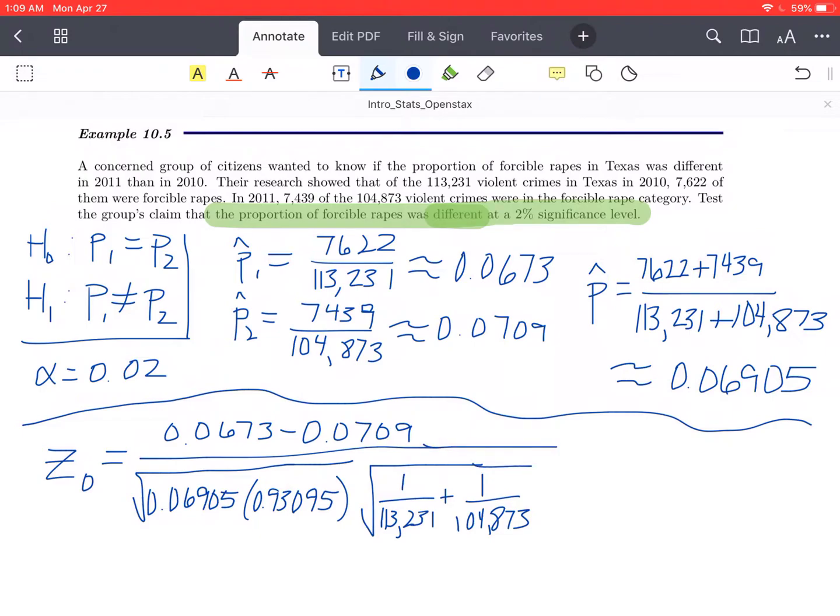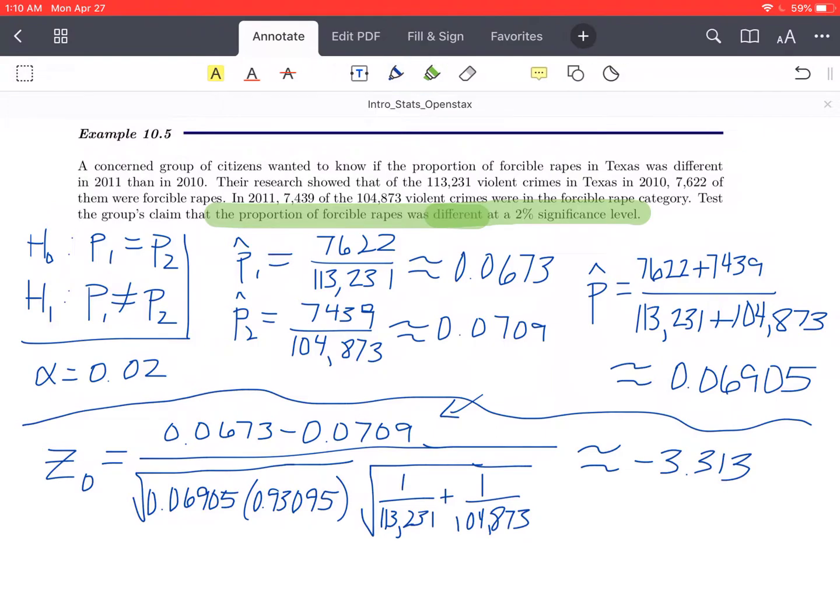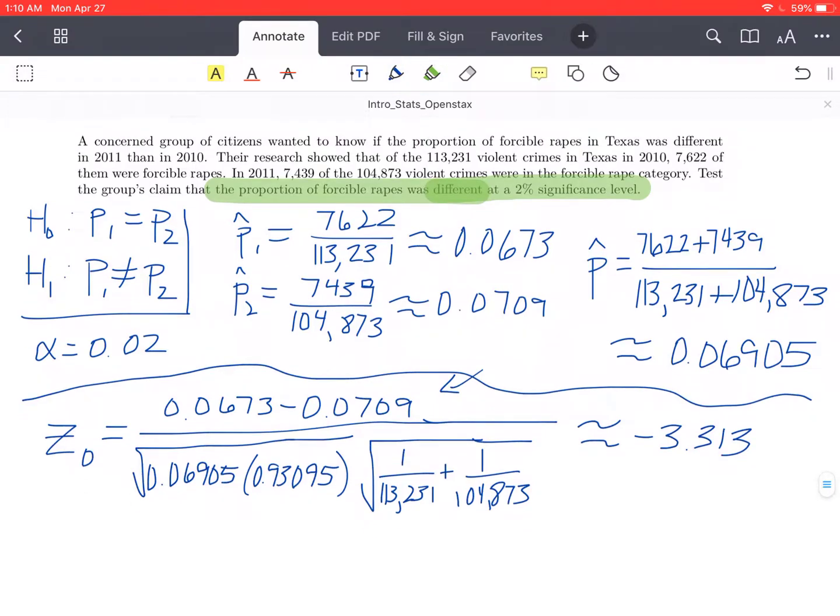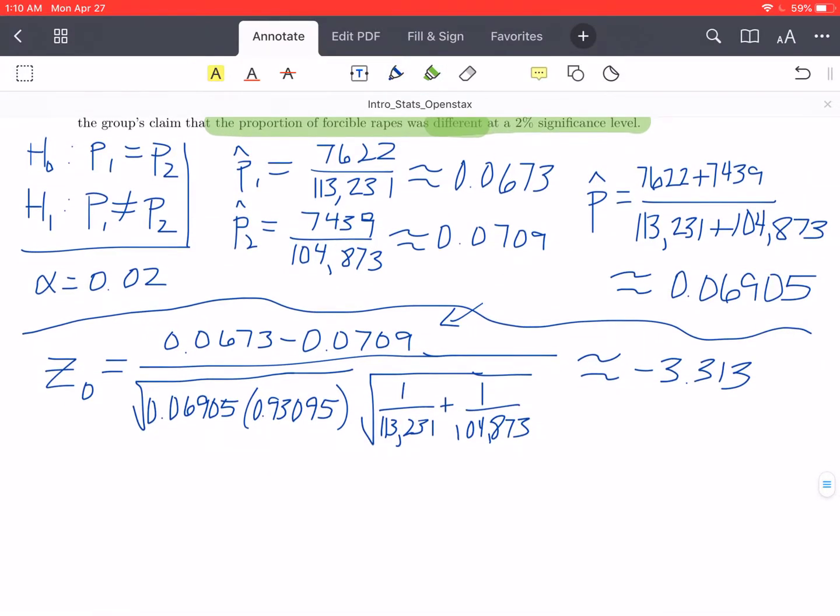Okay. Which in this case, because we see the proportion for 2011 is greater than that of 2010, we're going to be getting a negative number here because the numerator is smaller minus bigger number. So if we run the computation, it is negative 3.313 approximately.